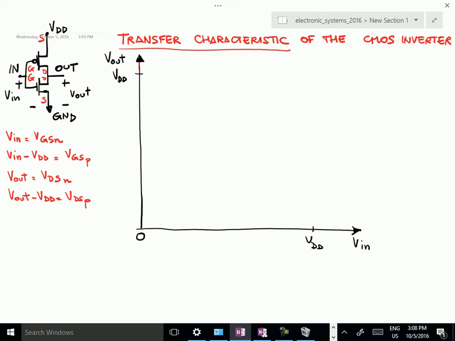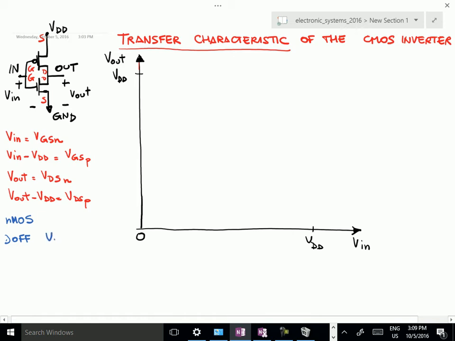in which we can say what's the operating condition of the NMOS and what is the operating condition of the PMOS. For example, let's consider the NMOS first. The off condition is when VGS is smaller than VTN, but VGS is equal to V in.